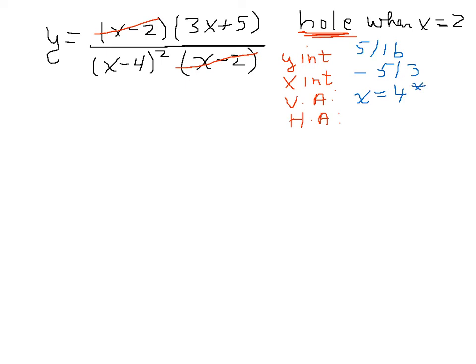And the horizontal asymptote, a little bit different here. The degree of the top is 1, the degree of the bottom is 2, and so we say that that's bottom heavy, and whenever we're bottom heavy, the horizontal asymptote will be y equals 0, or the x-axis.